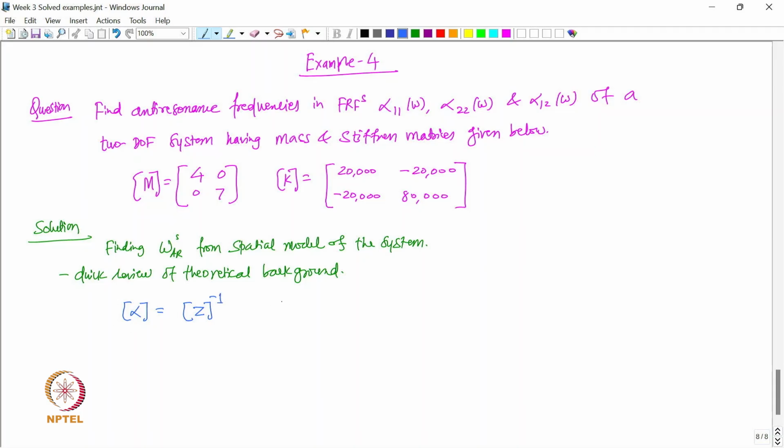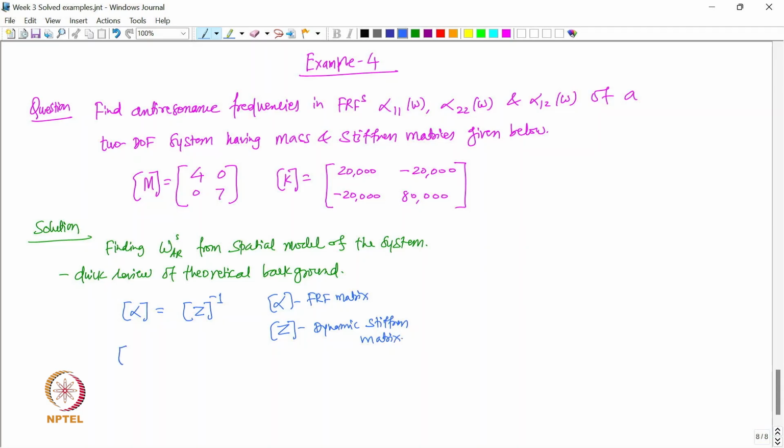Alpha is the FRF matrix of the system. For a 2 degree of freedom system, the FRF matrix will be 2 by 2, right. For n degrees, it is n by n. And then we have the Z matrix, which is the dynamic stiffness matrix, correct.